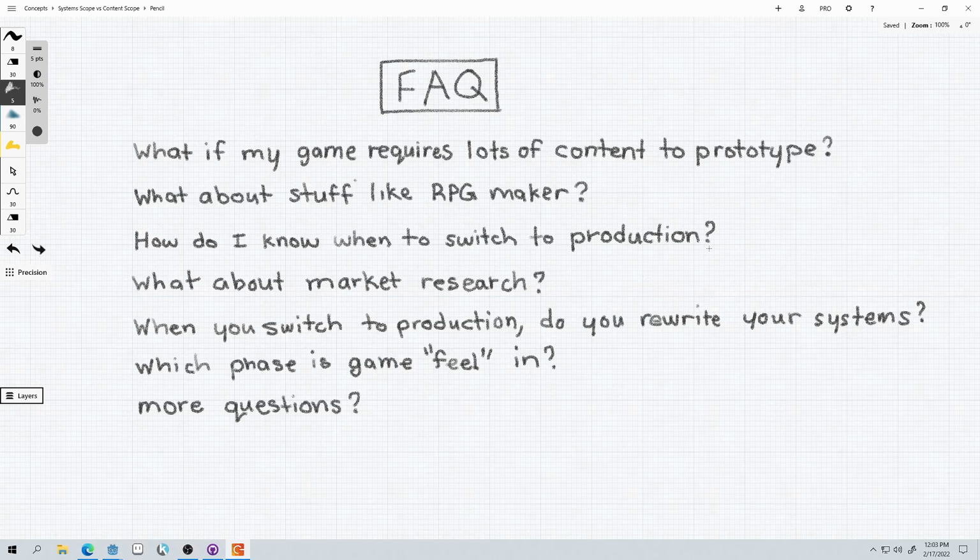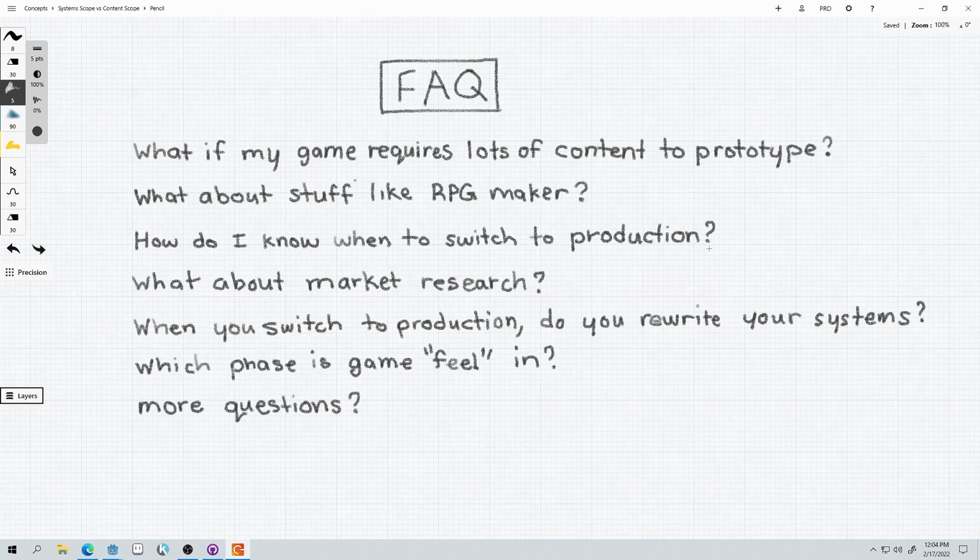So if you pick a prototype that you made and it's working really well, but there's some bugs in it because you just wrote throwaway code for your mechanics and systems, then you're going to need to refactor or rewrite that code in order to get that prototype ready for production. So if you need to rewrite your systems and mechanics code, that's going to happen at the end of the prototyping phase.